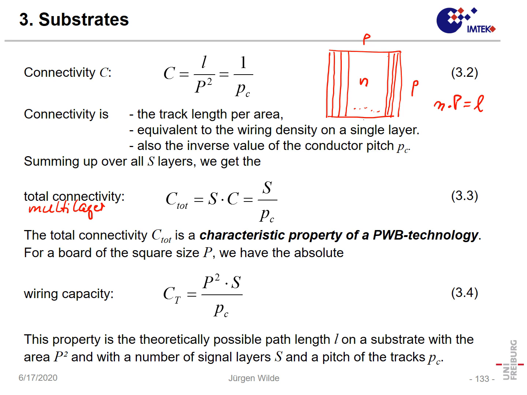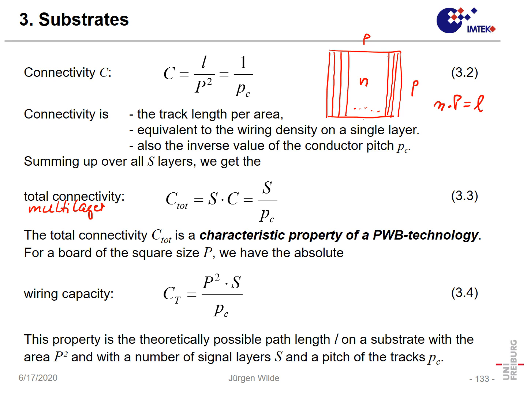So you can have high-tech boards which have a small pitch and a high conductivity, or you can have low-tech boards which have large pitch, maybe only a millimeter or so, and also have a low connectivity.